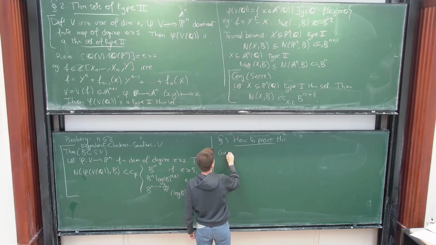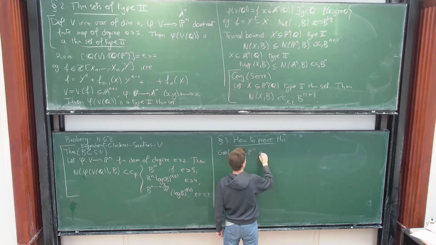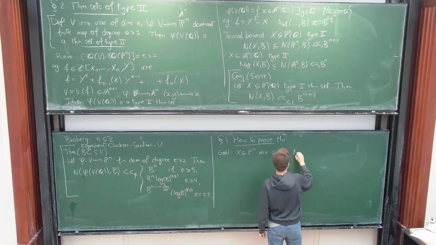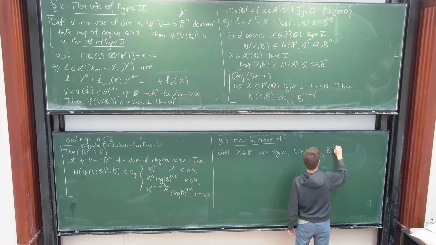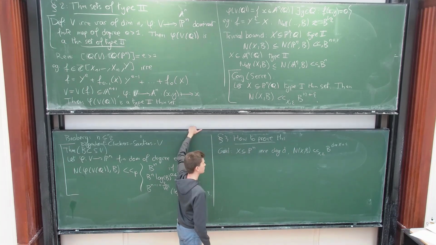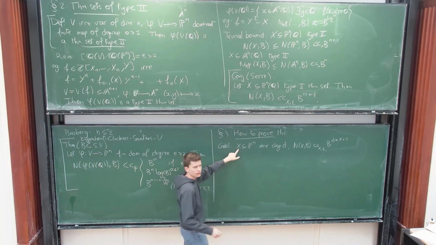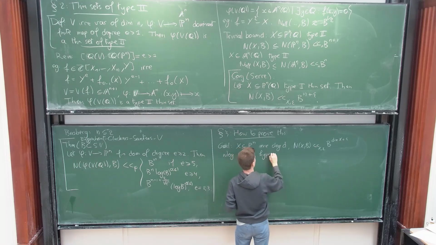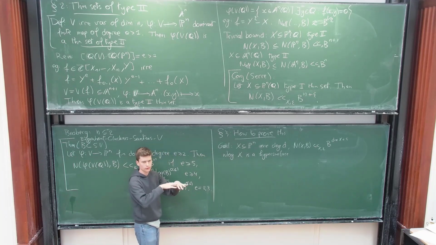So we have some irreducible subvariety X in P^n, and this conjecture of Serre asserts that this counting function is bounded by b to the power dimension of X plus epsilon. A first general reduction is that you can assume that X is a hypersurface, and this is just by some general projection argument.